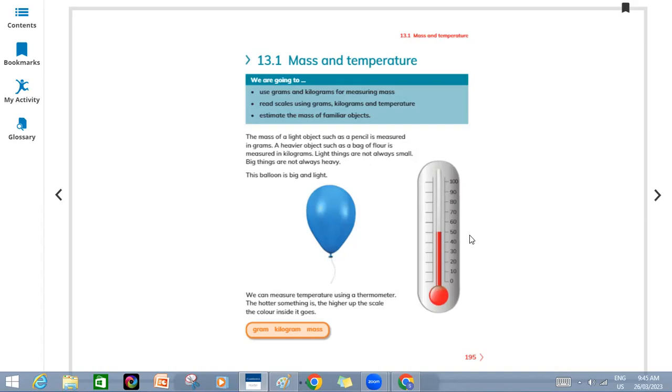If we want to measure the temperature of things, we use a thermometer. When we have a fever, when our body temperature is high, we go to the doctor, and the doctor uses the same thermometer to measure our body temperature. So this is called a thermometer, and we have studied grams and kilograms.